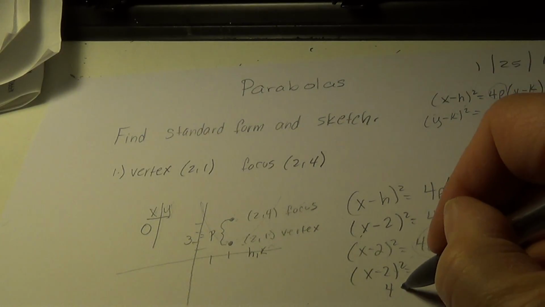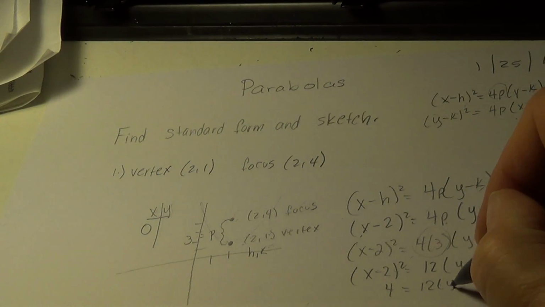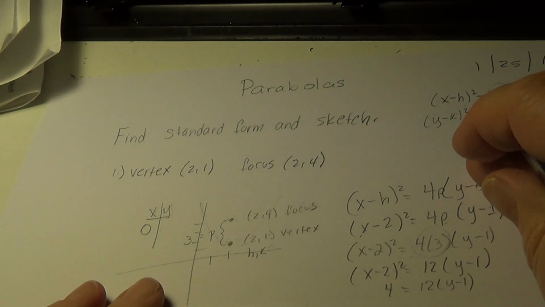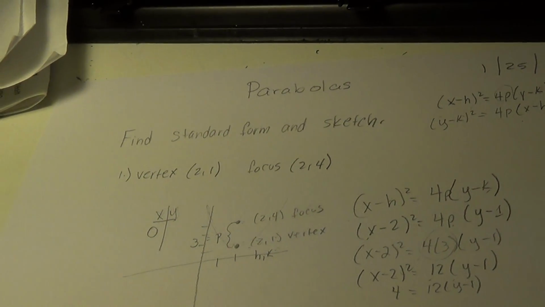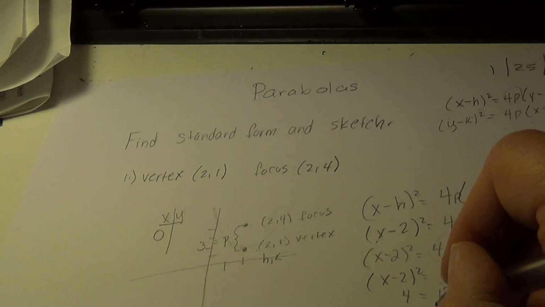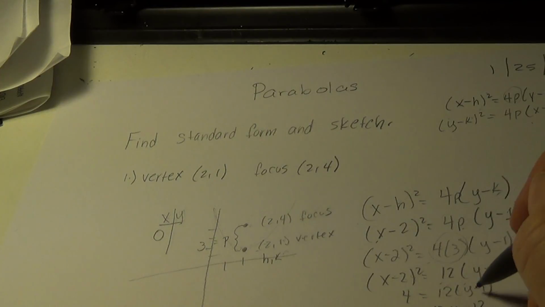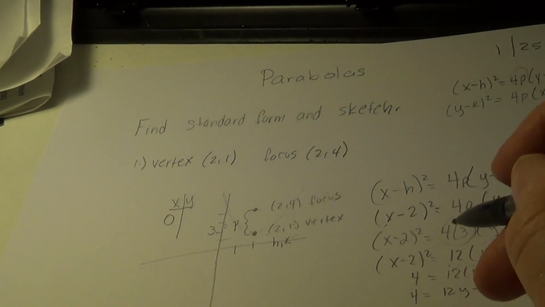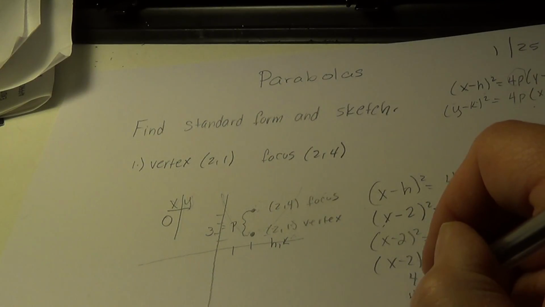So (x minus 2) squared equals 12 times (y minus 1). To solve that for y, I distribute the 12, and I get 4 equals 12y minus 12. Then I move the 12 over by addition, and I get 12 plus 4, which is 16.